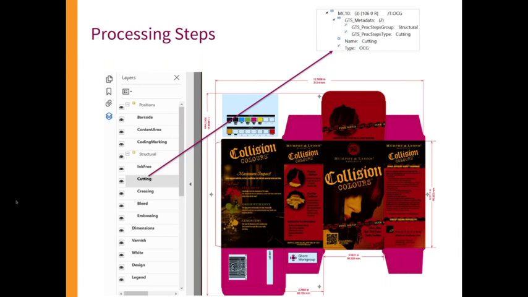A number of vendors have already started to implement some of this in their packaging software, and we'll talk more about that, as I said, in the packaging webinar. But you can see if we take this to the next step, we could, for example, have roles. It doesn't just have to be processing steps, it could be roles.